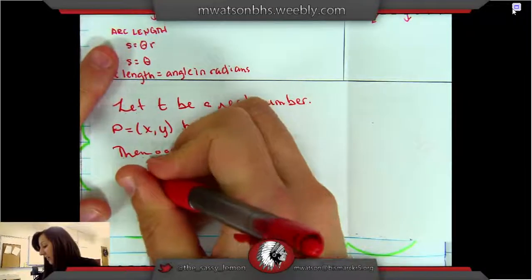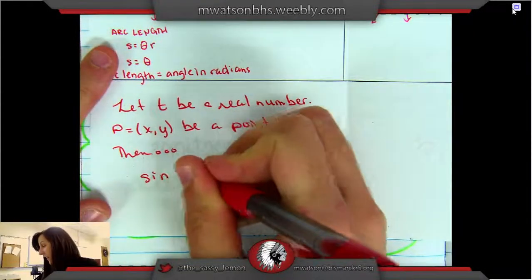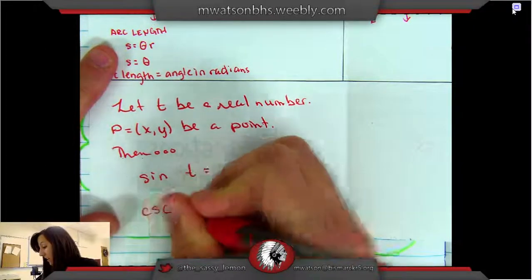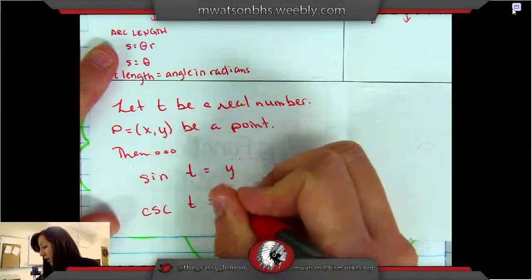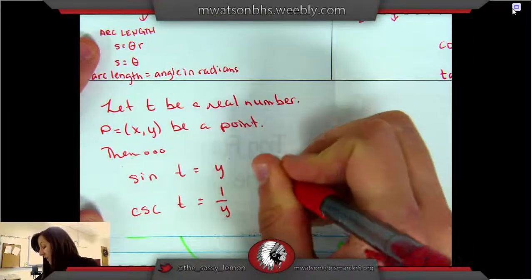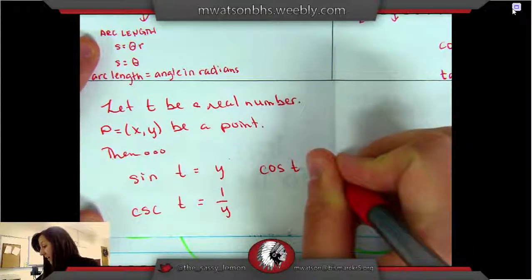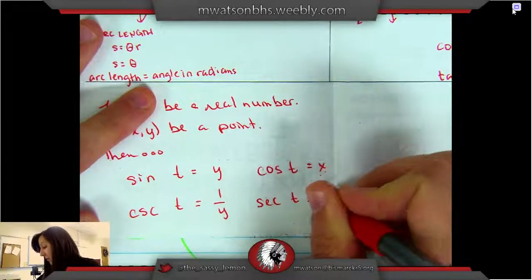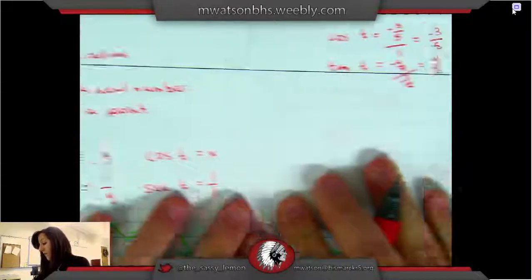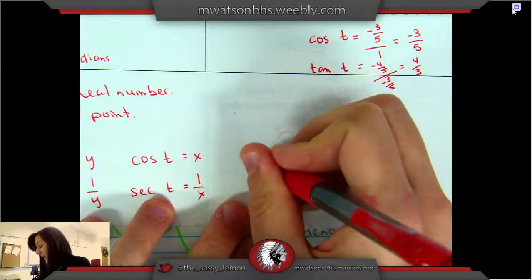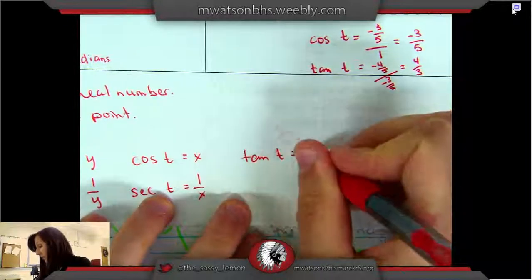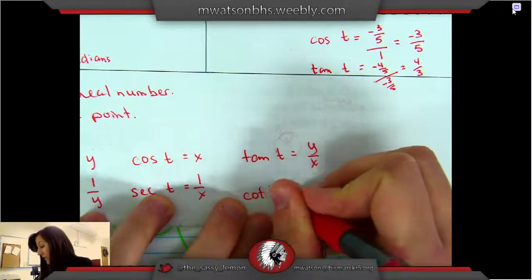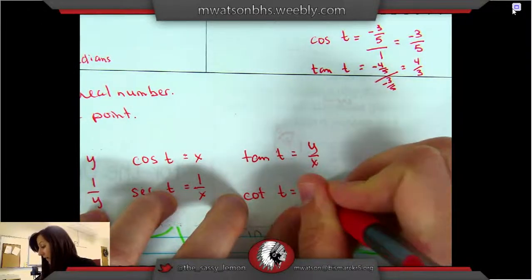Then we know that sine of t equals y, which means cosecant of t equals 1 over y. Cosine of t equals x, which means secant of t equals 1 over x. And lastly, tangent of t still equals y over x, and cotangent of t equals x over y.